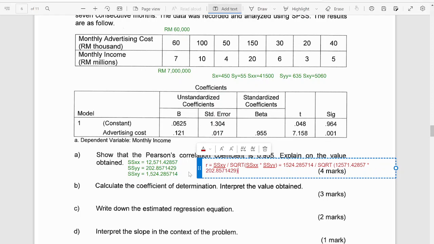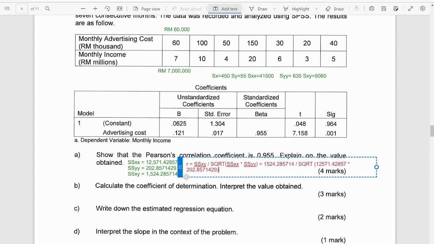Okay, tutup dengan kurungan. Okay, so this is what you have, right?